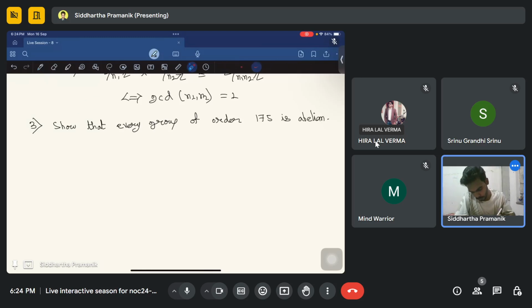Okay, so we need to show if we take a group of order 175, then it has to be an abelian group.